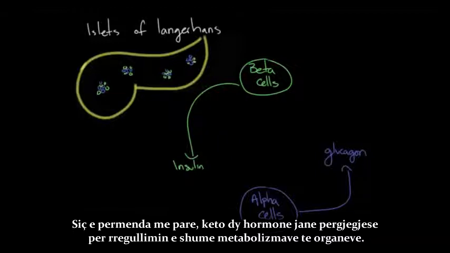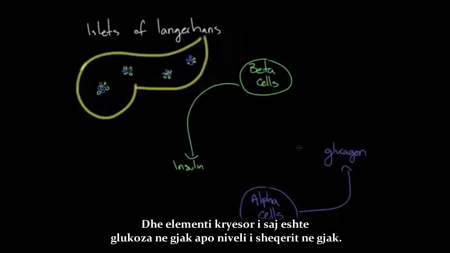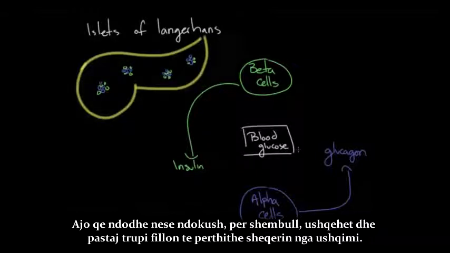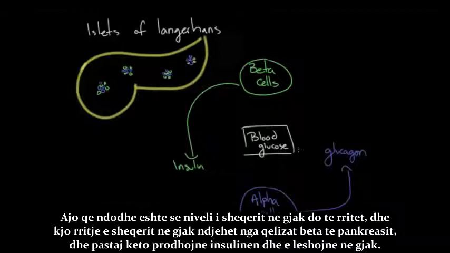And as I mentioned before, these two hormones are responsible for regulating much of the body's metabolism, and one specific component of this is our blood glucose, or our blood sugar level. So what happens is, pretend you just had a meal, and your body starts absorbing the sugar from that meal. Your blood sugar levels, or your blood glucose levels, are going to increase.